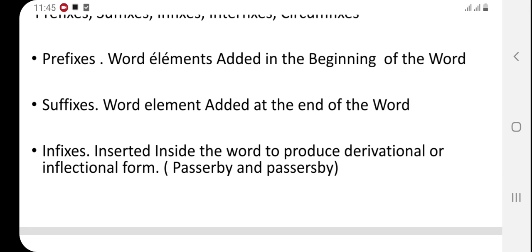For example, there is a word passerby, one person who is passing through a specific passage. But when this s is added, passersby means most of the people who are passing. So this time the s is not attached at the end of the word, it is attached in the middle of the word. So this is called infix.